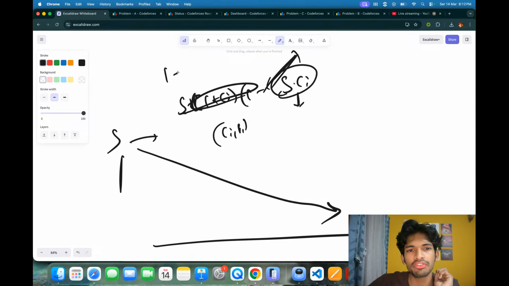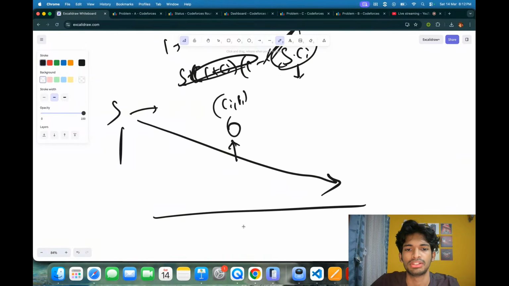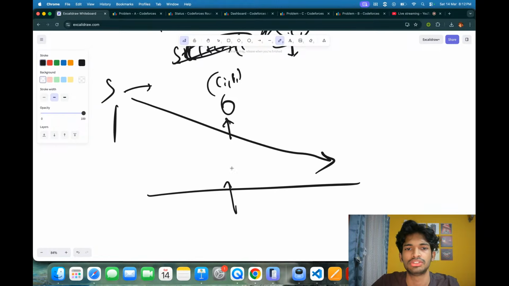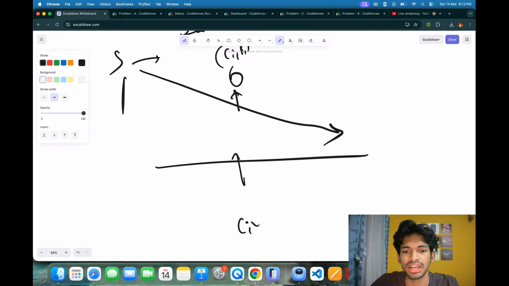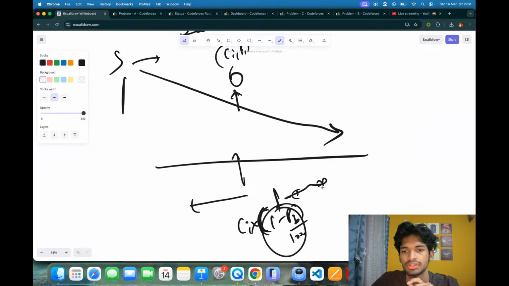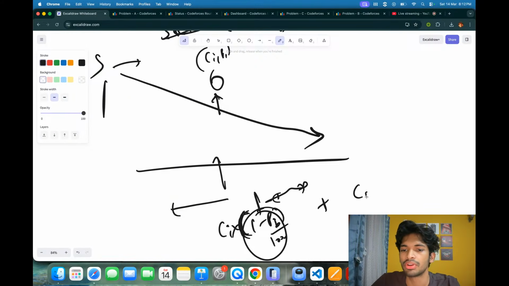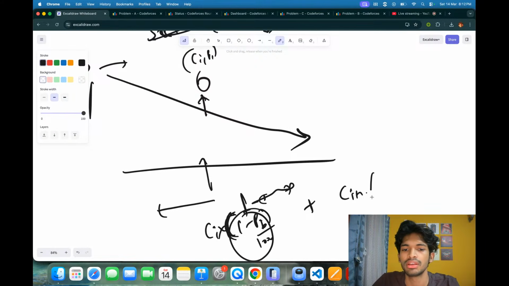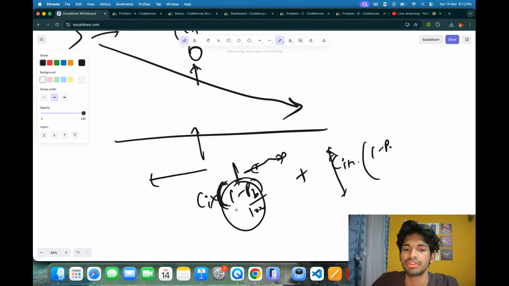So compared to not choosing, what is the addition you get by choosing this one? You get ci times the product of whatever has been chosen before. If you don't choose it, nothing will happen. If you choose it, that gets added, and this gets multiplied to everything else after that.